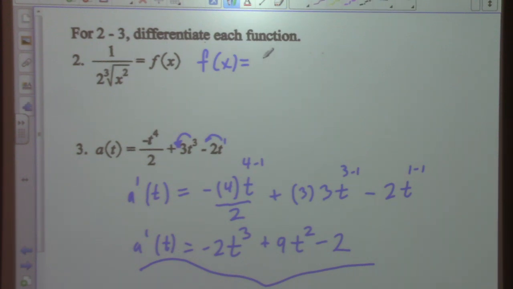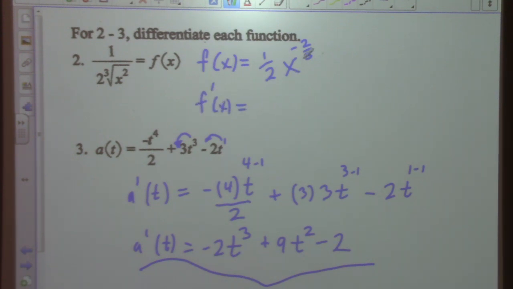Just doing the rewrite here. So you rewrite into what I call calculus friendly form. This is going to be x to what power? Negative 2/3, right? Okay. Now we can do the f prime of x.